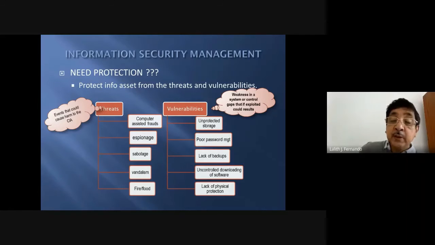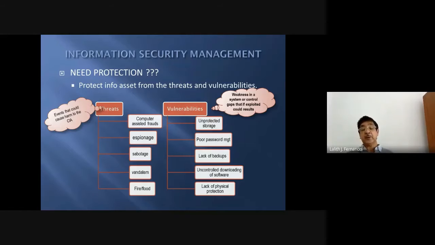And vulnerabilities, if you have a storage without any protection, that is a vulnerability. And at the same time, password management is poor, there also the vulnerability crops up. Then lack of backups. Uncontrolled downloading of software. Now, when you download software without looking at the source or without confirming the genuineness of the source, that is what you call uncontrolled downloading of software.